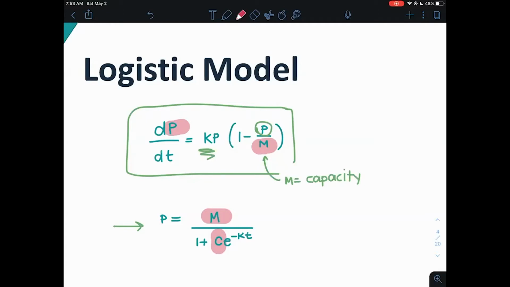This is working as e to some constant we're rewriting as just its own constant. So hopefully you can look at this function and see that this is a manipulation of an exponential function, but it has a limiting factor, that capacity.